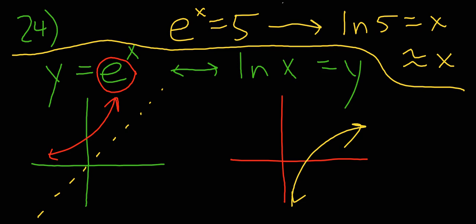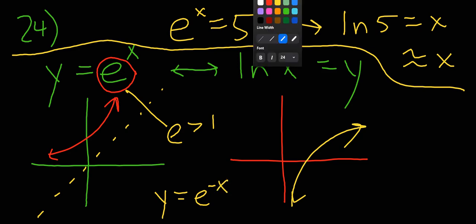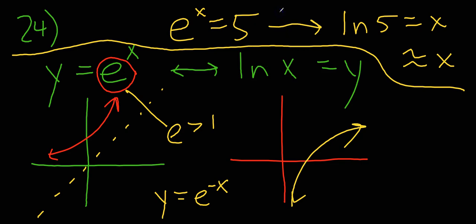Okay, question about this or something else? Yes. Amen. Would 1 over e be less than 1? Which means that if I asked you to graph e to the negative x, that is not exponential growth. That's exponential decay in disguise, right? So you should be looking at that going, oh, you're trying to trick me.